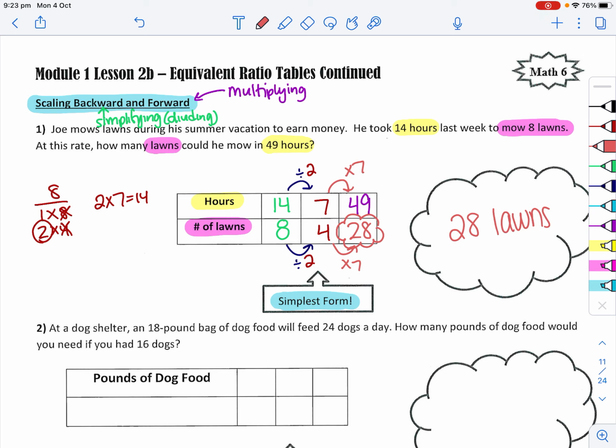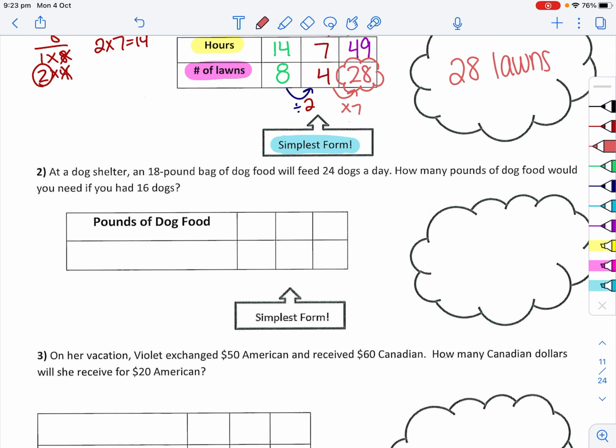Number 2 says, at a dog shelter, an 18-pound bag of dog food will feed 24 dogs a day. So we've done one similar to this before. So I've got an 18-pound bag of dog food and then 24 dogs. So I've got pounds of dog food in the yellow part of my table. And then I've got my dogs down here in the pink part of my table.